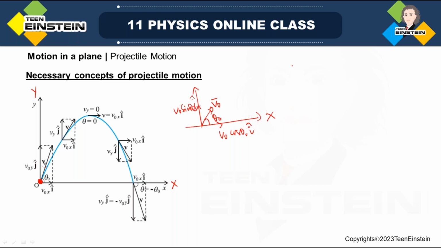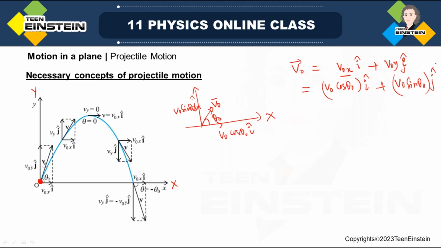So the initial velocity vector is v0x i cap plus v0y j cap, where v0x is v0 cos theta 0 i cap, and v0y is v0 sine theta 0 along the j cap direction.